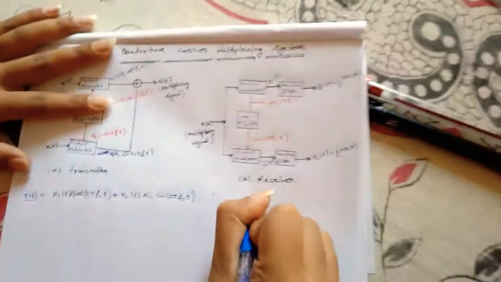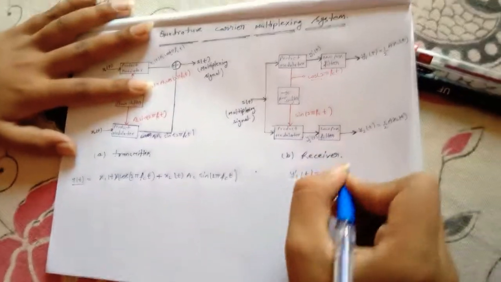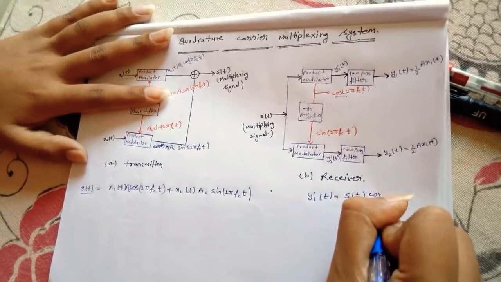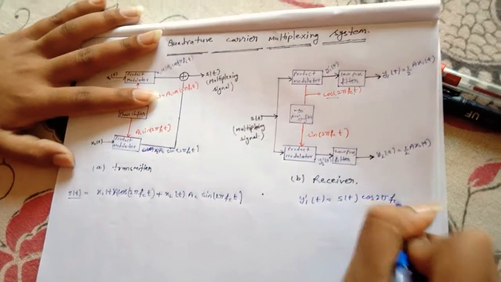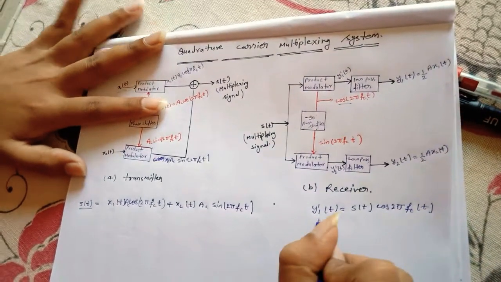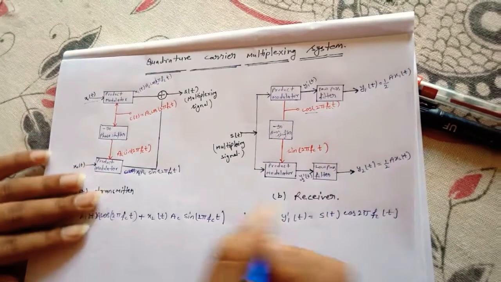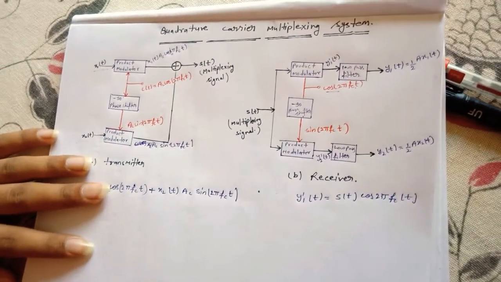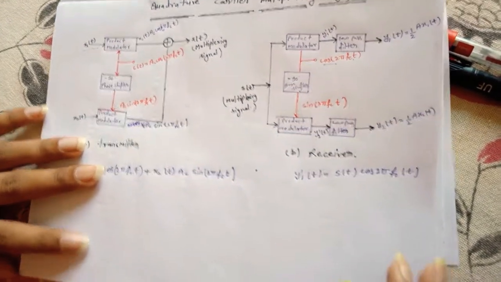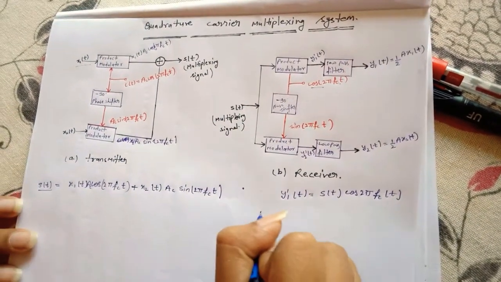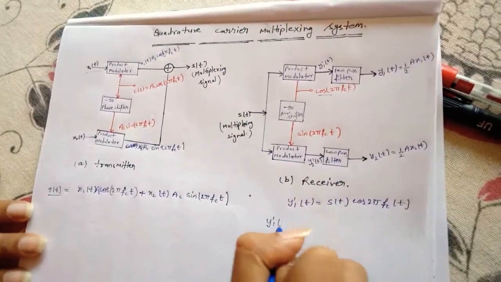So y1'(t) = s(t) cos 2πfct. I'll explain only y1'(t); similarly it will be y2'(t).